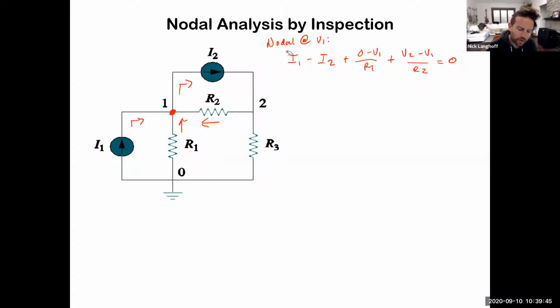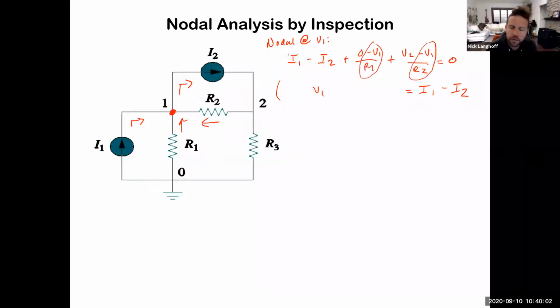All right, so what we're going to get is I1 minus I2 over here. And then over here, attached to V1, you'll notice that you have a 1 over R1 and a 1 over R2 adding up.